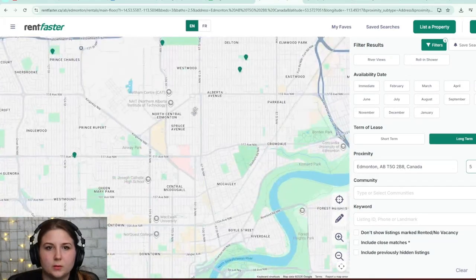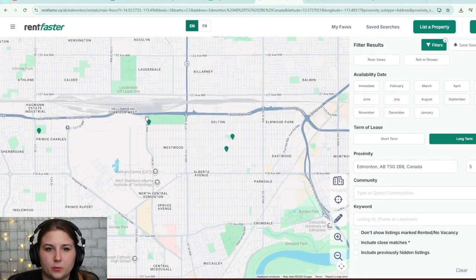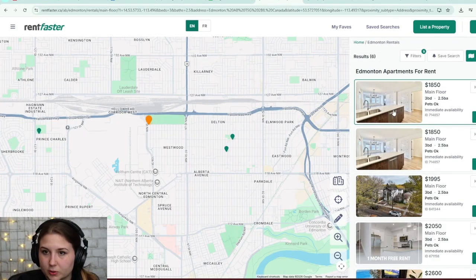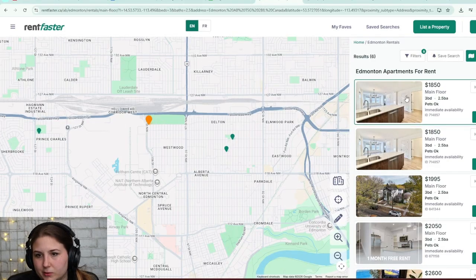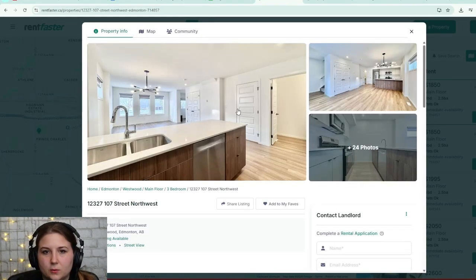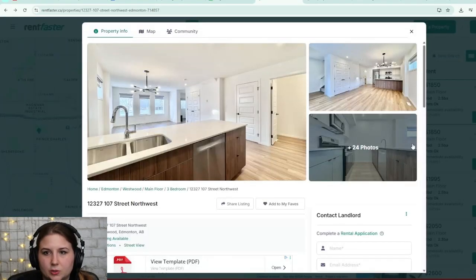Cool. So this one's pretty darn close. Let's see if the property is comparable. It should be, because there's a lot of new construction developments in here where to me they all look the same. I don't know why it's taking so long. It's lagging. Yeah, so this will be new construction for sure.